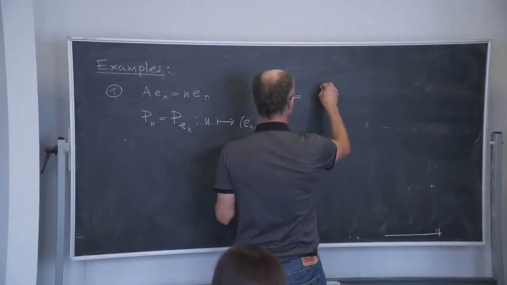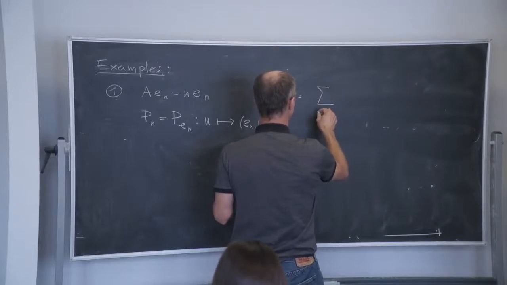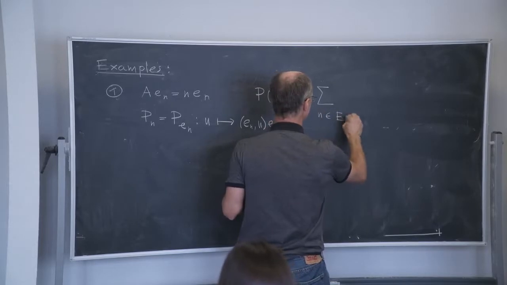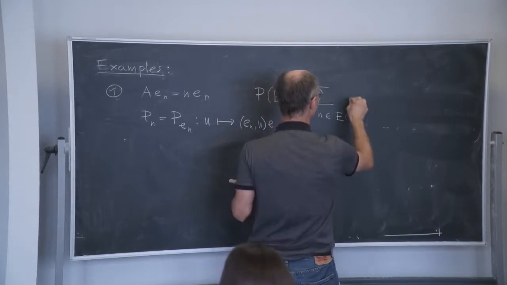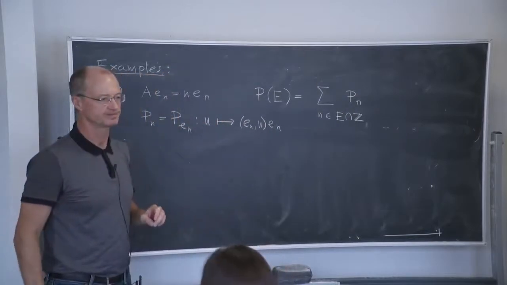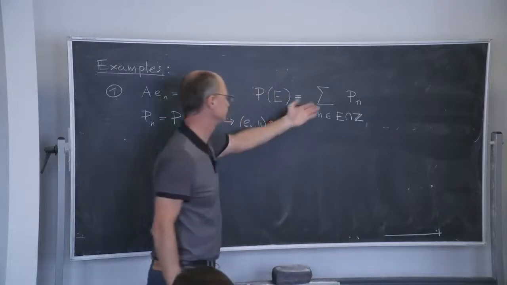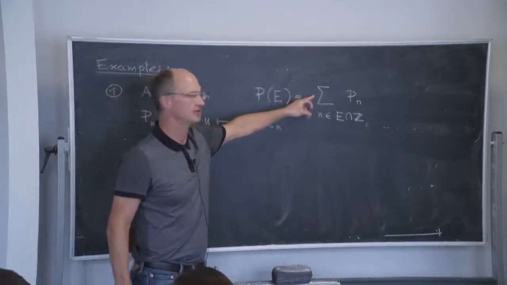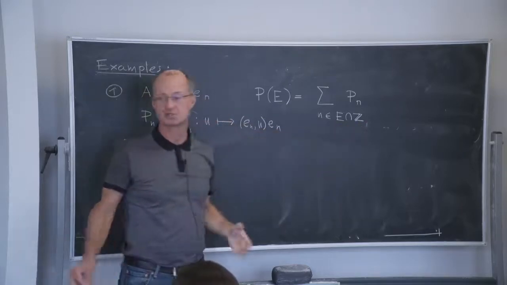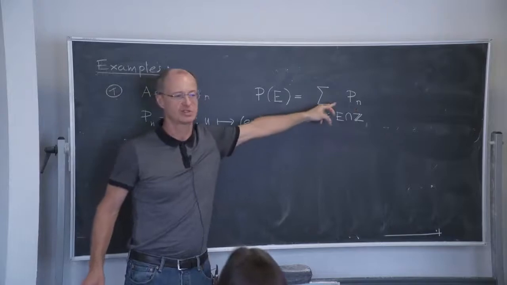And then here this will be sum over n in E intersection with Z of Pn's. If E intersection with Z is infinite, there is some kind of limit procedure inside.